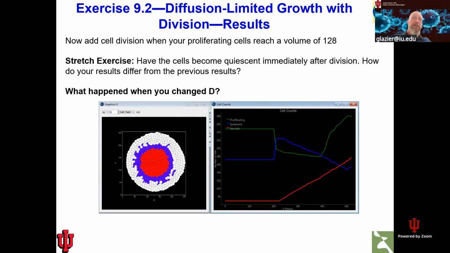And so you need to have a bit of hysteresis, which is why you have this irregularity in the shape of the boundary between quiescent and proliferating. Since the conversion of quiescent to necrotic is irreversible, you get essentially a well-defined boundary here.